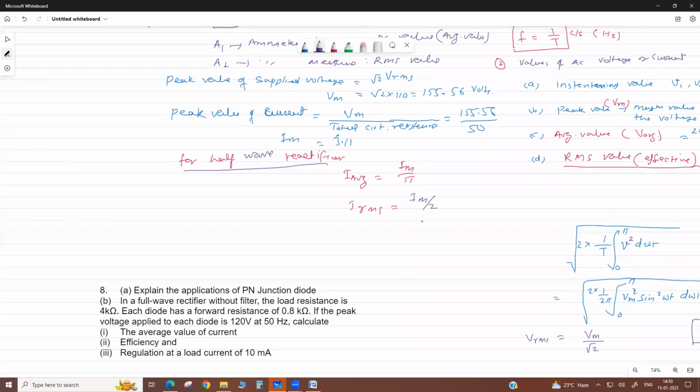The average value is IM by pi, and the RMS value is IM by 2.